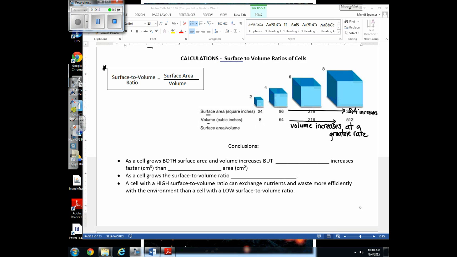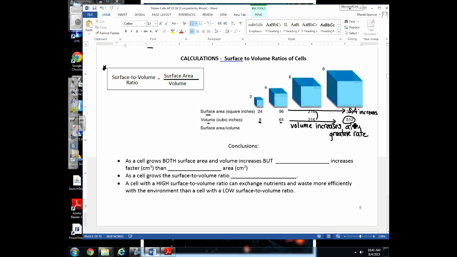Notice for these first two cells how volume is catching up to the surface area as we increase the size of this cube. So here volume is about 1/3 of the surface area, but as the cell gets bigger, volume is more about 2/3 of the surface area. When you get to this third cube, you see that volume is equal to surface area. And then for the bigger cube, you can see that volume surpasses surface area.